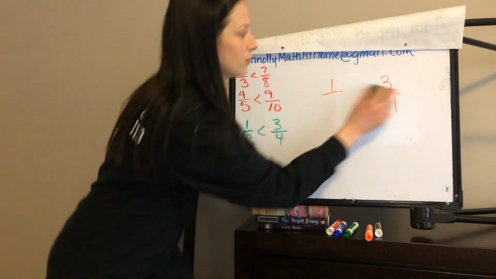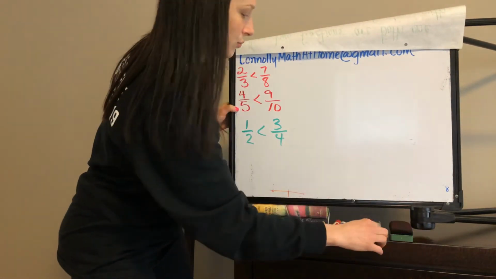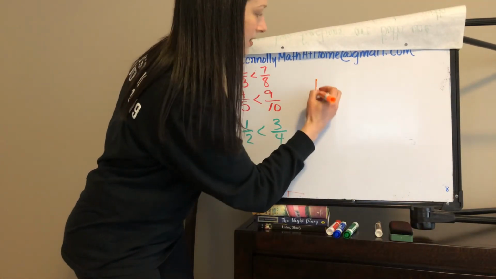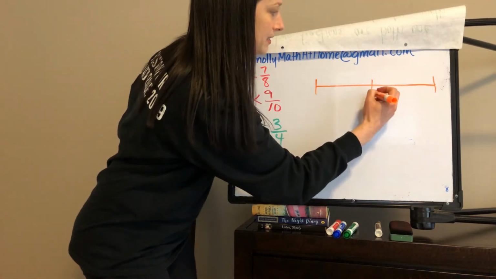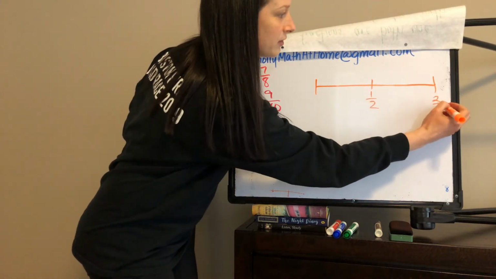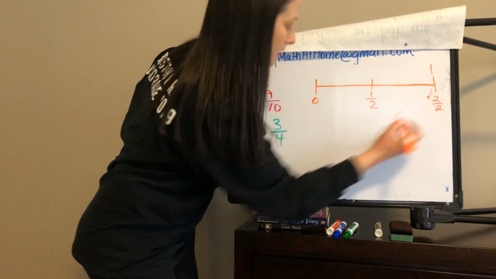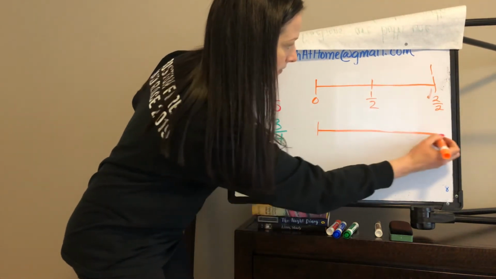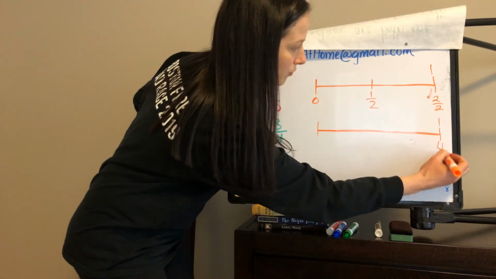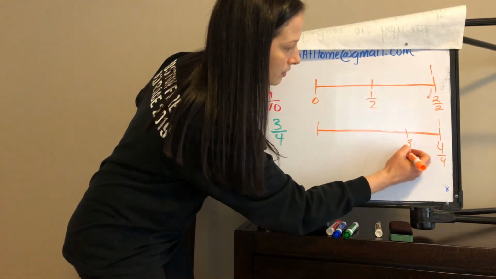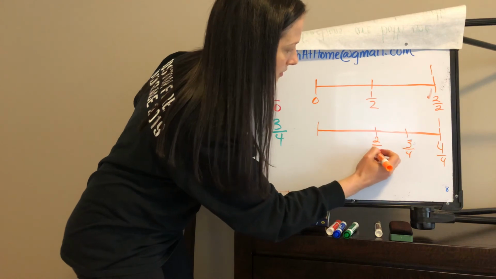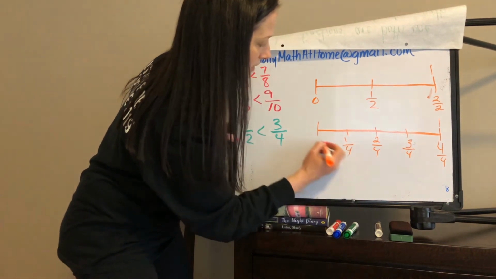Okay, so let me show, I'll do 1/2 and 3/4 on the number line too, so you can see that piece that's left over that you still have to travel. That's also the number one, I'll put it up here. Then this is a whole, 4/4, 3/4, 2/4, 1/4, and 0.